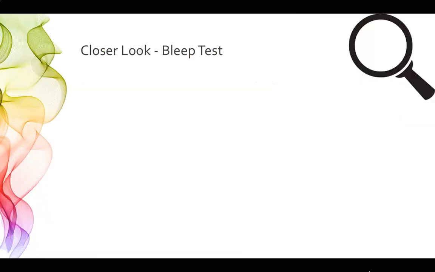What we're going to do now is we're going to take a slightly closer look at our beloved bleep test, and we're going to use that to further our understanding of the evaluative style question. Okay, the answer structure.